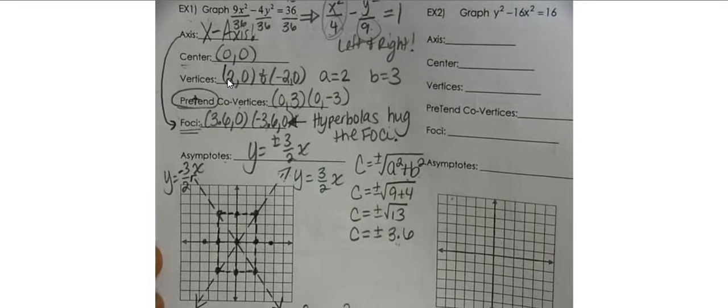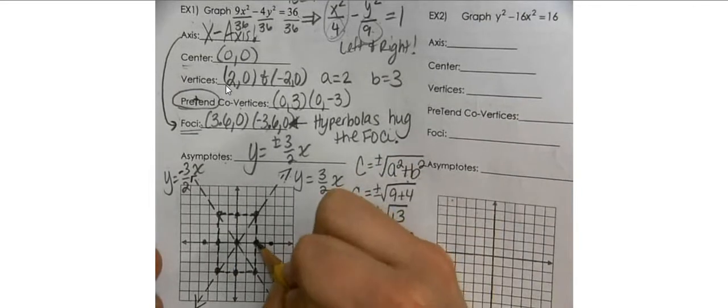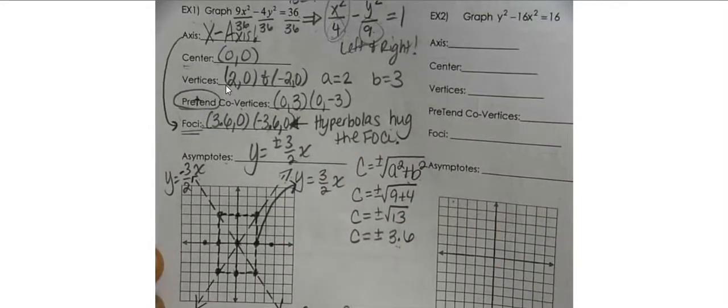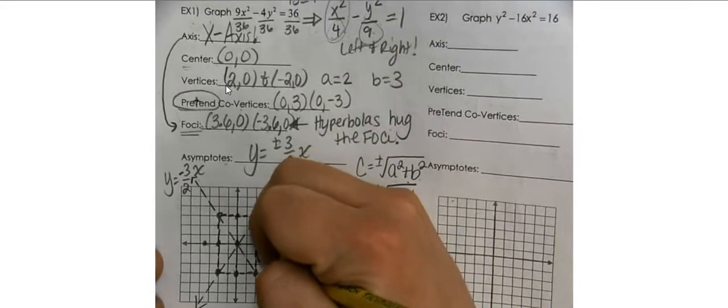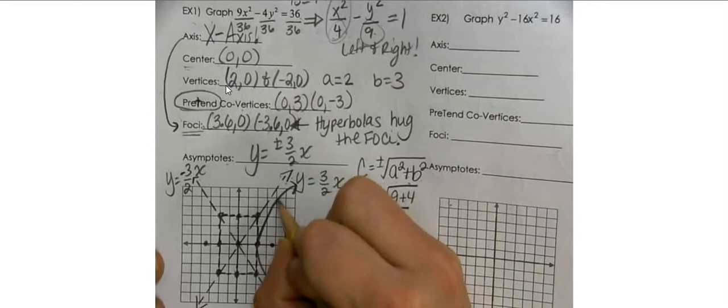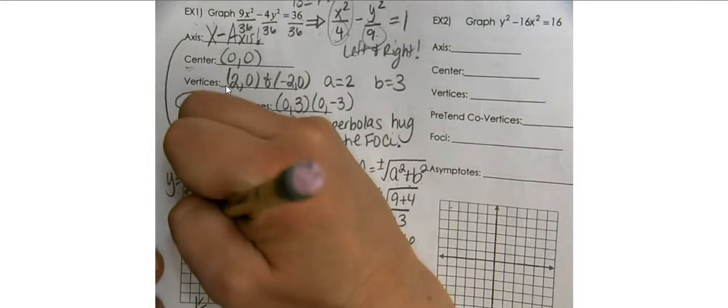Now I have everything that I need in order to graph these hyperbolas. Because there's so much setup, I'm not even going to ask you guys for ordered pairs. So this is how you graph it. The vertex is where we're going to start, and I'm going to curve along where the asymptotes are, and make this parabola-looking shape, kind of like a sideways U. And here is the other one.